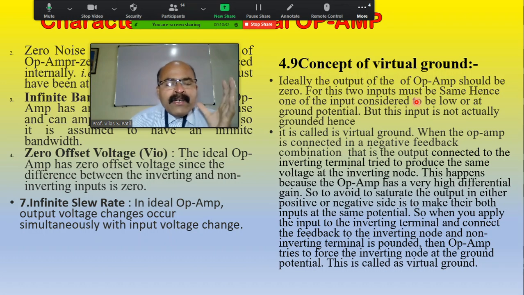In the case of an operational amplifier, its output should be 0, theoretically, ideally. For these two inputs to be the same, one of the inputs is considered to be low or at a ground potential, but the input is not actually grounded.